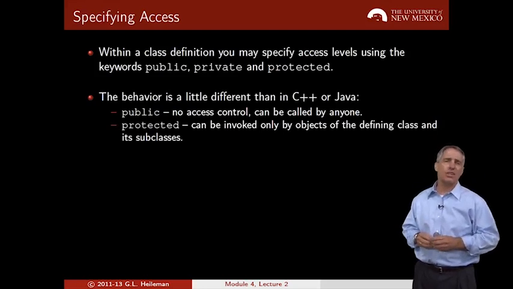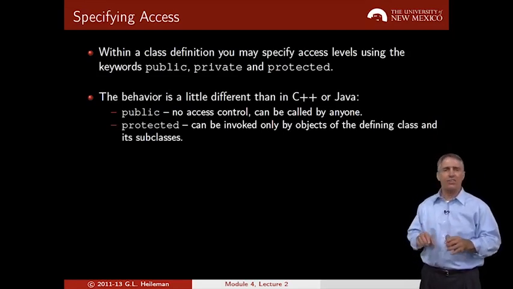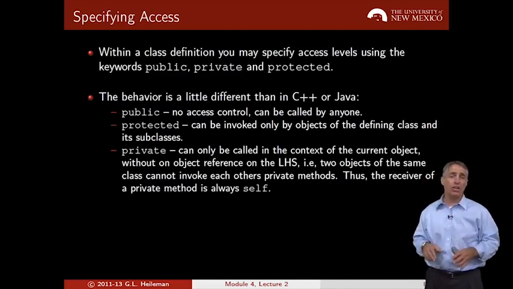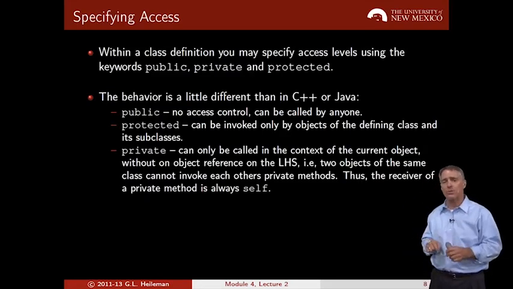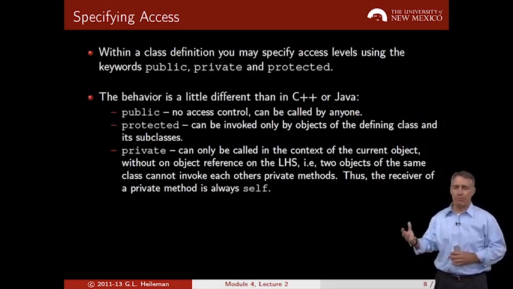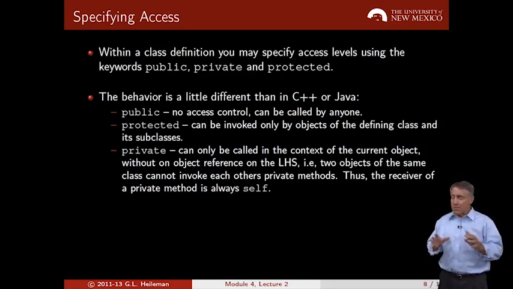A protected method can only be invoked by objects of the defining class and its subclasses, while a private method can only be called in the context of the current object, and there can be no object reference on the left-hand side. And this is quite a bit different than C++ or Java. So two objects of the same class cannot invoke each other's private methods.